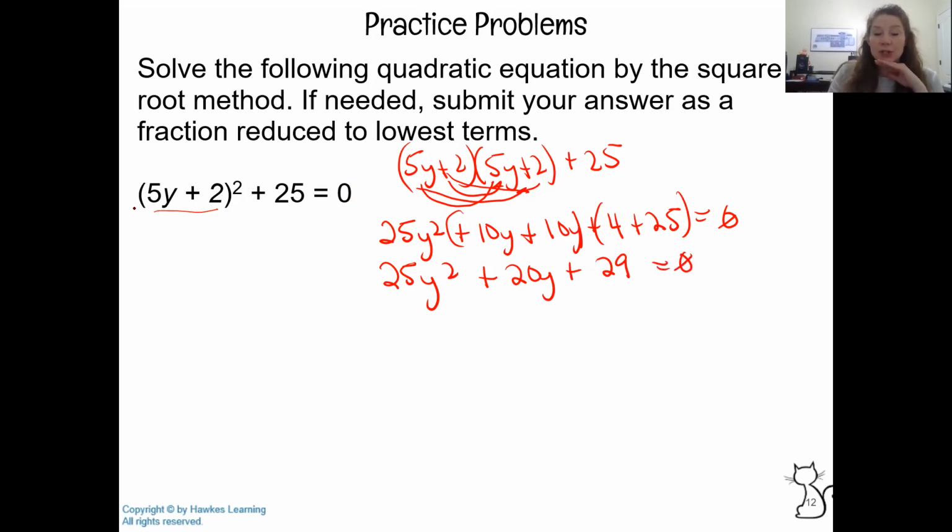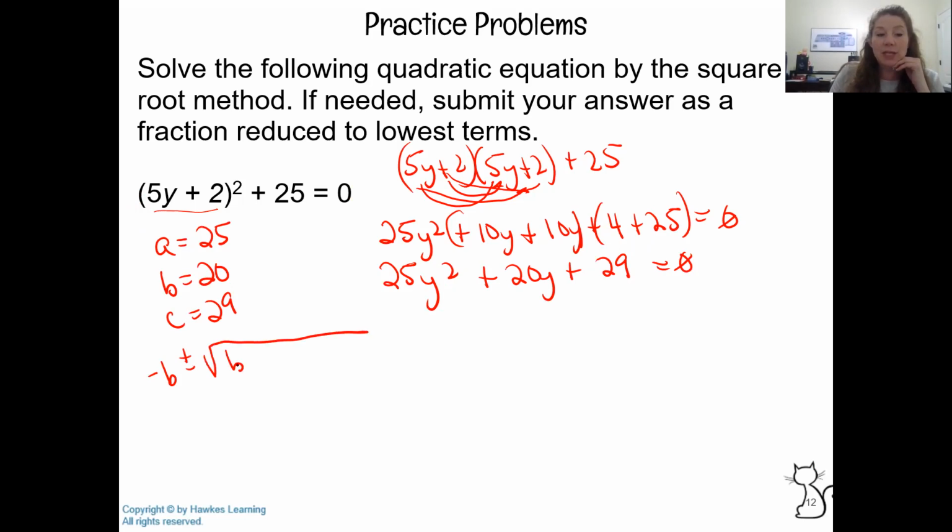So now we're going to use the quadratic formula. So for y squared, our a is equal to 25, our b is equal to 20, and our c is equal to 29. So we're going to do the opposite of b, plus and minus the square root of b squared minus 4ac, all over 2a.